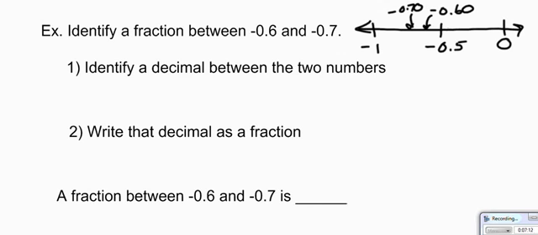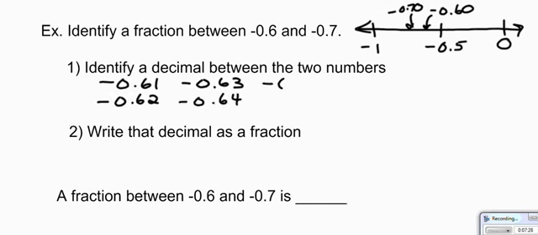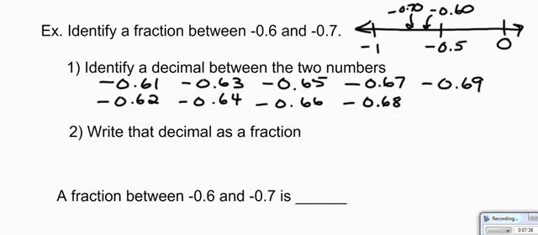Okay, so hopefully you came up with a decimal like negative 0.61, negative 0.62, negative 0.63, 0.64, 65, 66, 67, 68, or 69.